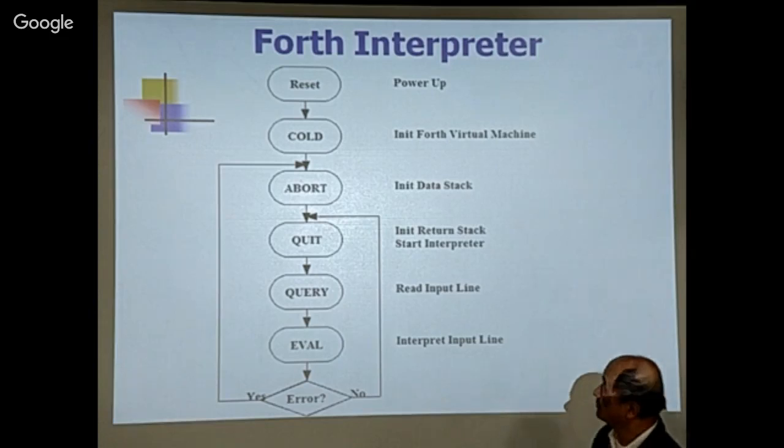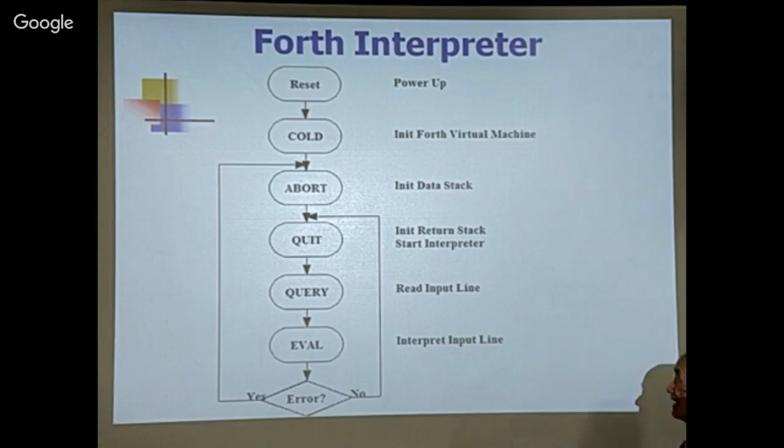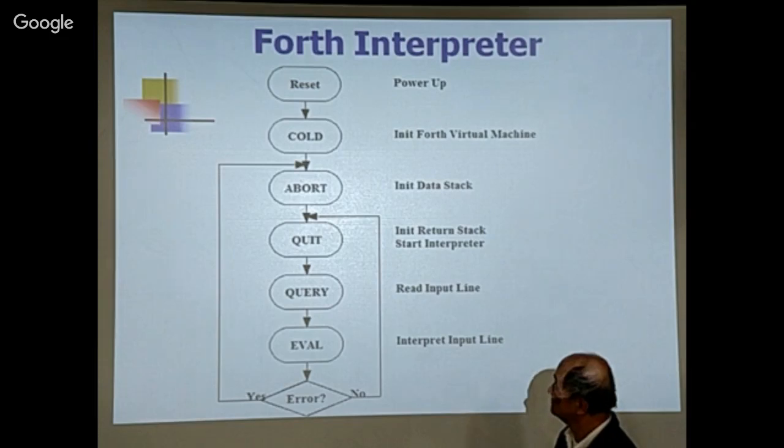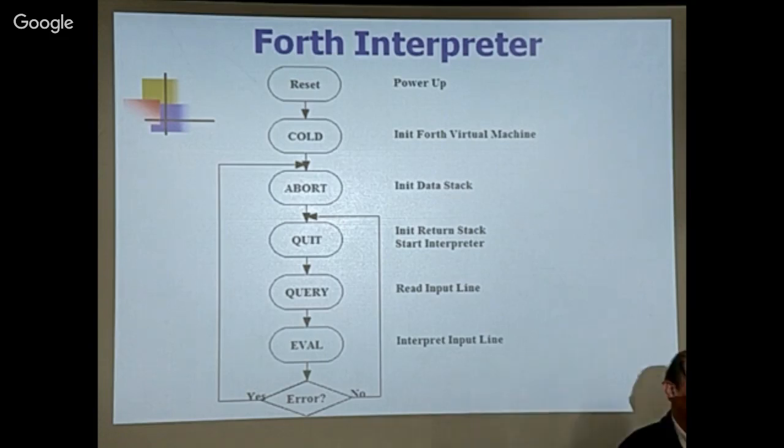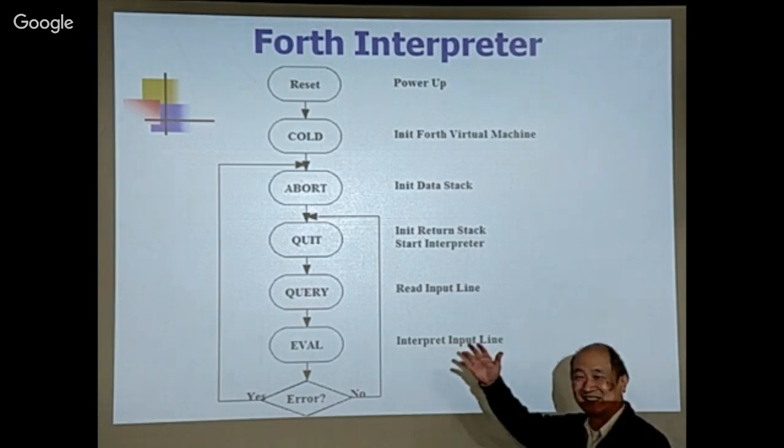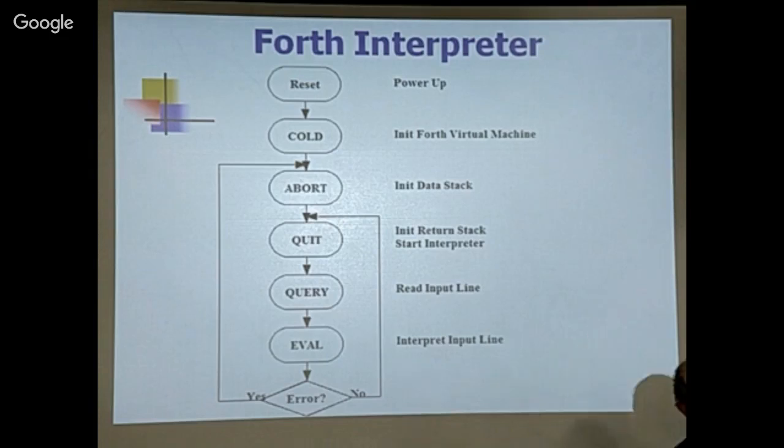So abort and quit is kind of strange. In Chinese, we want to use words which have positive meanings, and abort and quit are very negative. But once you understand how things are arranged, abort and quit become obvious.